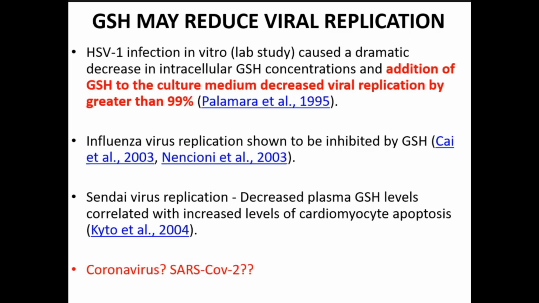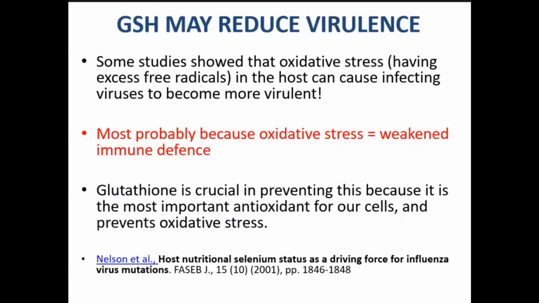When you add glutathione, the viral replication is reduced by 99%. Okay. Likewise with influenza virus and another virus called the Sendai virus. So it has long been known that glutathione will reduce, almost stop the viral replication.